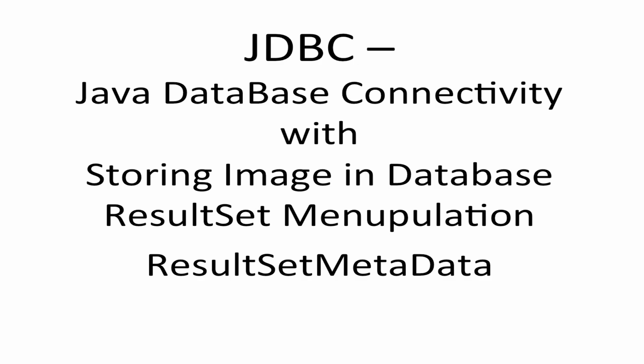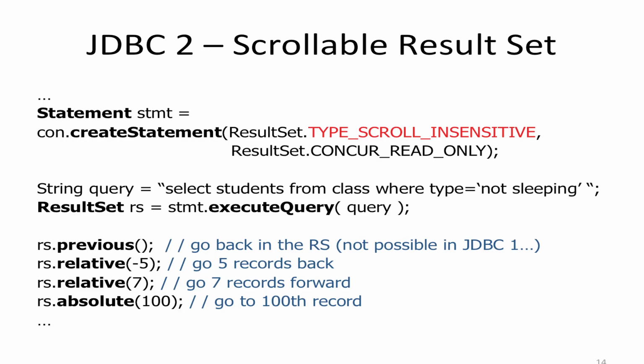So Java database connectivity with storing images in database, result set manipulation, result set metadata: these are all very important parts of this lecture. Statement stmt = con.createStatement. There are some more updates here, some advanced commands where we can do more things.